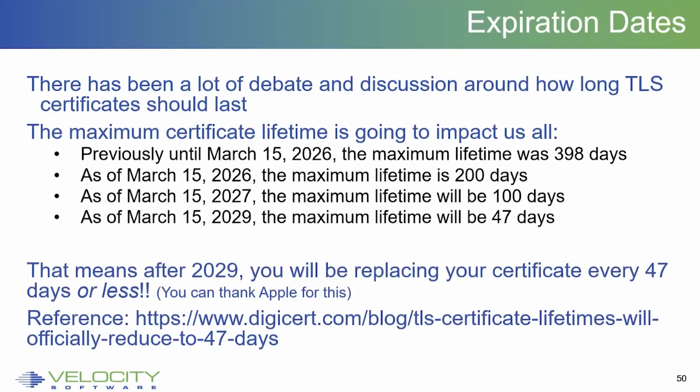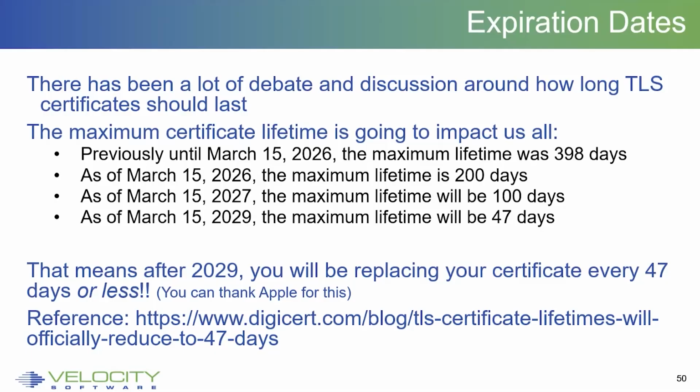Before March 15th of 2026, you could have up to 398 days for the life of a certificate. So that pretty much gave you a little bit over 1 year to renew and refresh your certificates. But they've made decisions to change those lifespans.